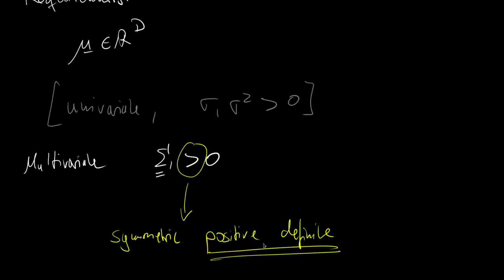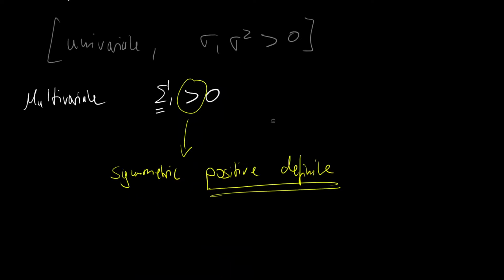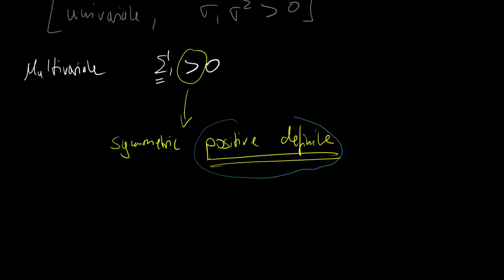If your matrix is not positive definite, then you don't have a multivariate normal. And usually if you're introduced to positive definiteness, you learn some criteria for when the matrix is positive definite. I would recommend you to forget about this, because from a computational point of view, they are not relevant. The really important aspect is how to check for positive definiteness of a matrix, because there is the theorem that a matrix is positive definite if and only if there is a Cholesky decomposition.